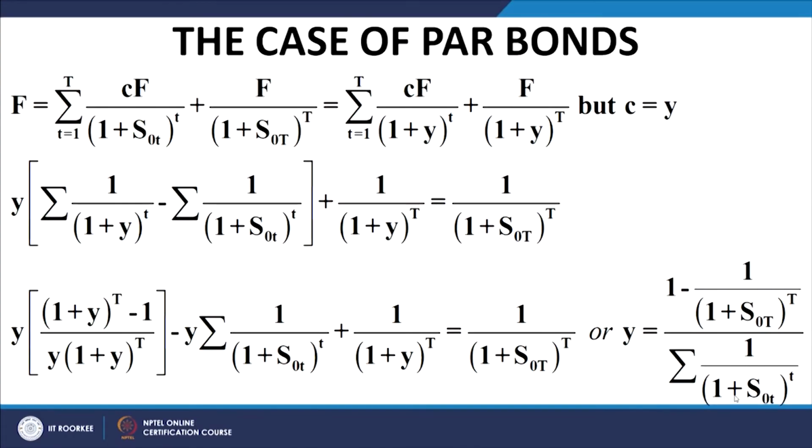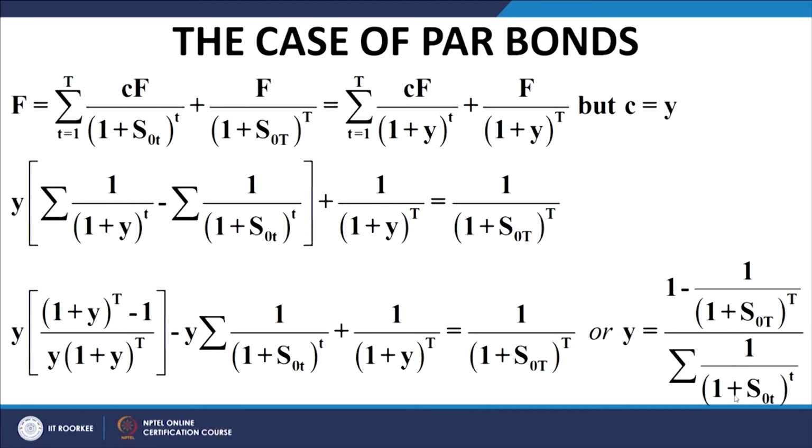Substituting C equal to Y in the first expression, F, which is equal to P0, is equal to the summation of the coupon payments for the life of the bond at the end of each year. We are using annual payments for the simplicity and tractability of the exposition, plus the discounting of the face value, which is the redemption value as well.